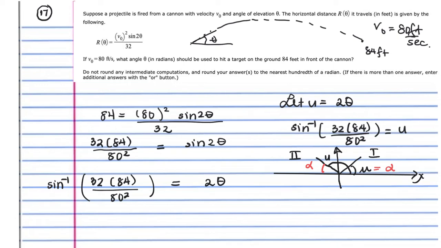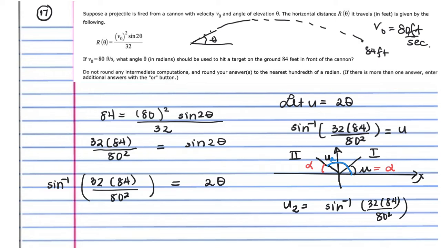So let's go ahead and draw the second case in blue, and I'll label that one u2. The calculator is going to give us the first one. To get u2, it's just going to equal the answer that we get for the first quadrant response, the sine inverse of 32 times 84 over 80 squared.